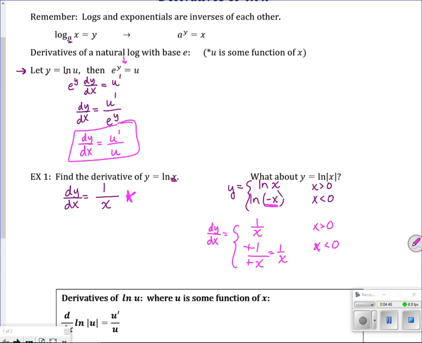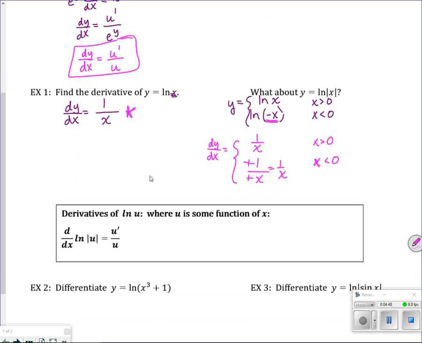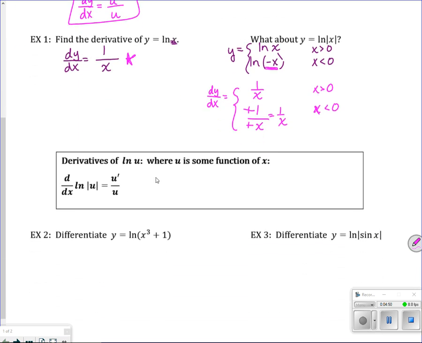So you're like, okay. The good news is, friends, for once, if you see an absolute value in a problem like this, you can literally ignore it. So that's the beauty of natural logs when you see the absolute value.